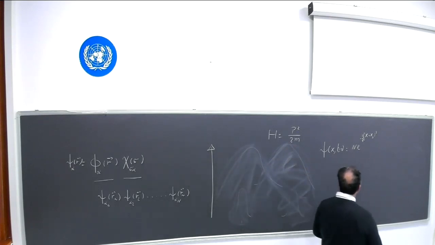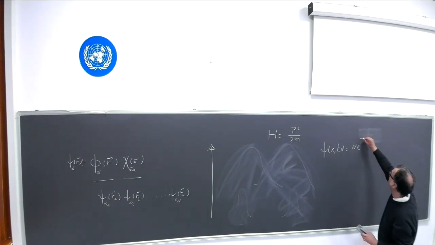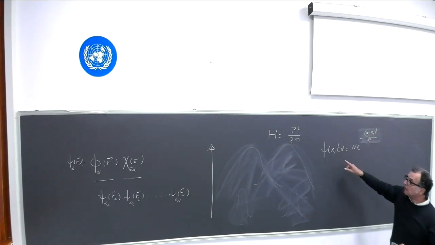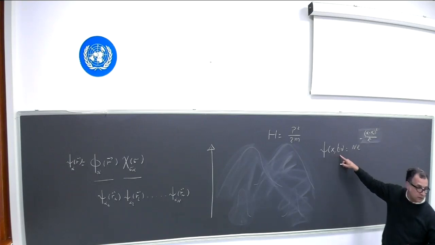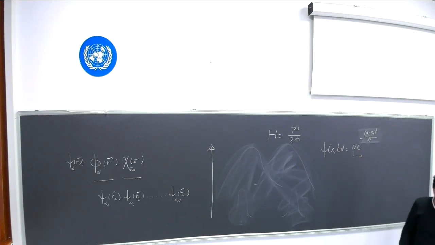Just take e to the minus (x minus x0) squared over L squared as the initial wave function. The first thing you have to do is to find the normalization constant.